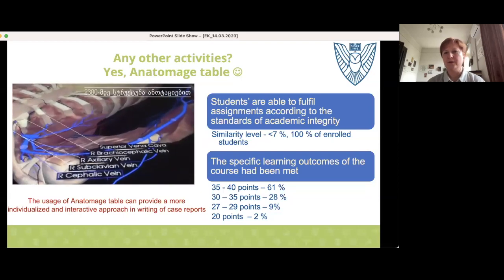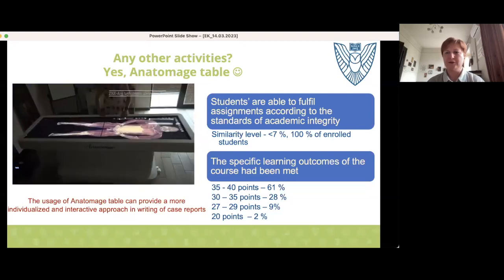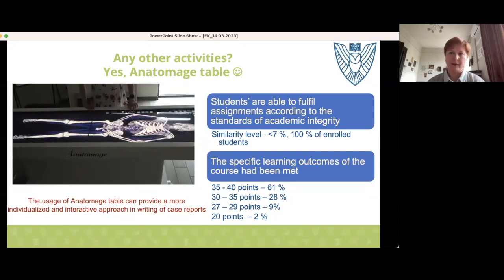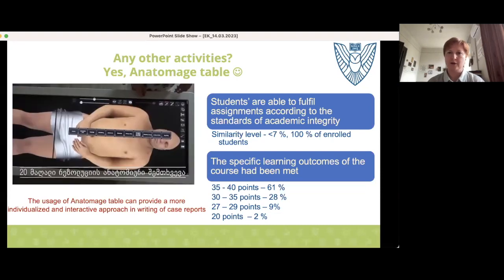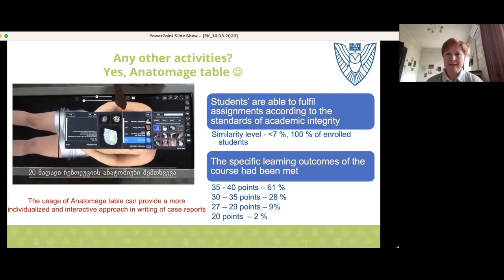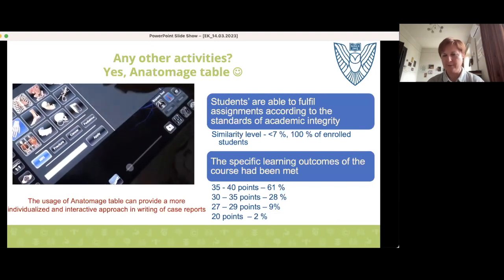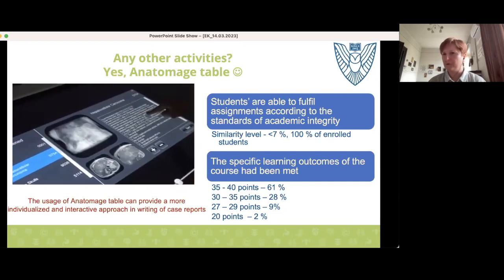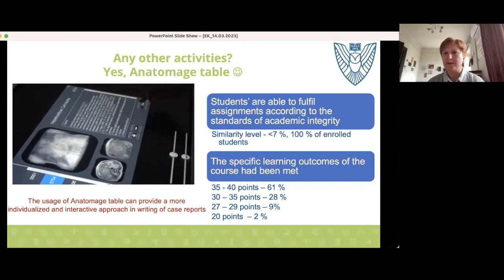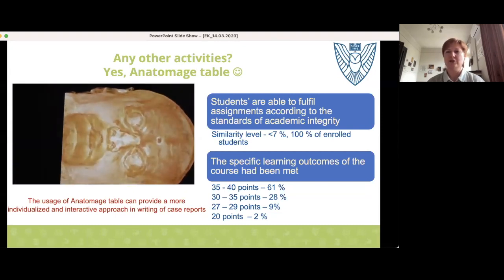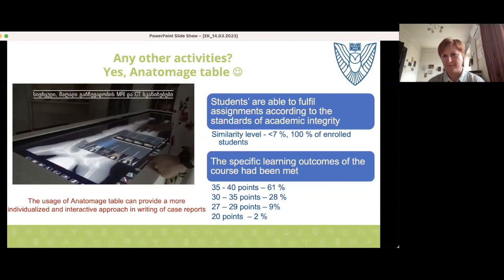Here we use the approach that each student of the 7th semester, not the 12th, enrolled in the research line learning course, is assigned individual cases from the anatomic table and reviews these cases individually, and afterwards the assignment was the same. They shall write the case report using this data.